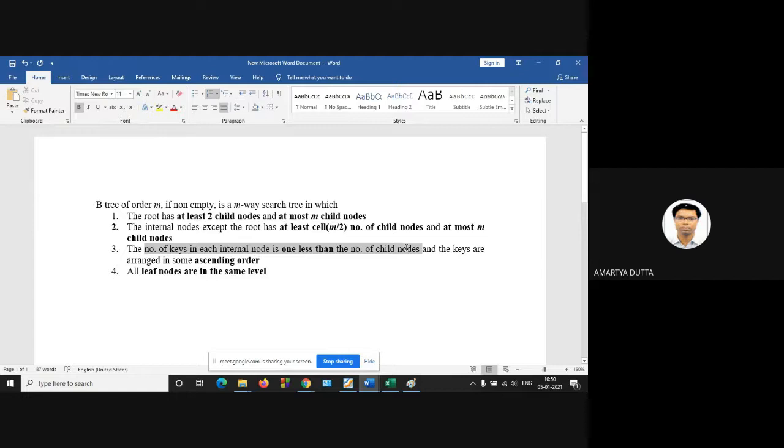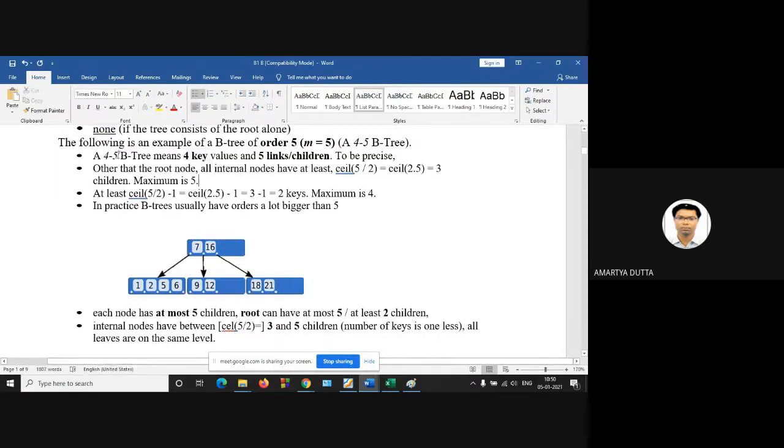If the order is 5, there will be at most 5 child nodes. So keys will be 5 minus 1, which is 4. So this is called a 4-5 tree because it has 4 key values and 5 children.